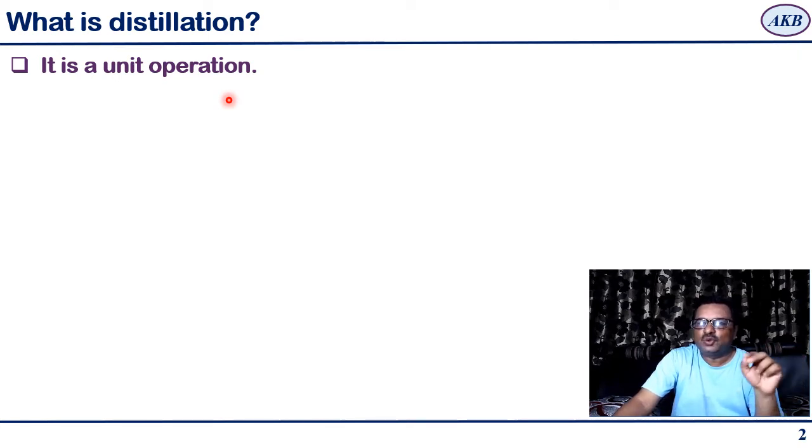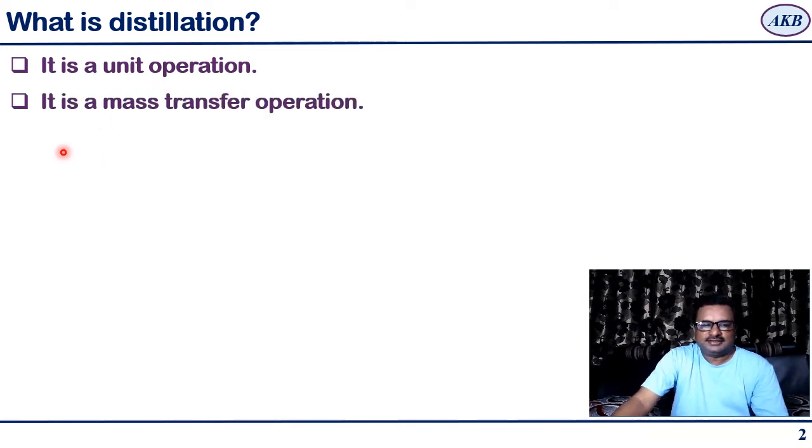Operations that involve only physical changes are called unit operations, whereas operations involving both physical and chemical changes are called unit processes. And since distillation is a unit operation, distillation involves only physical transformation or physical changes.